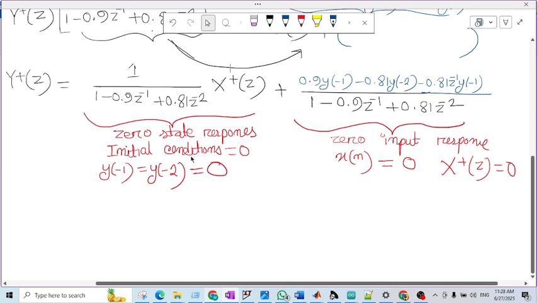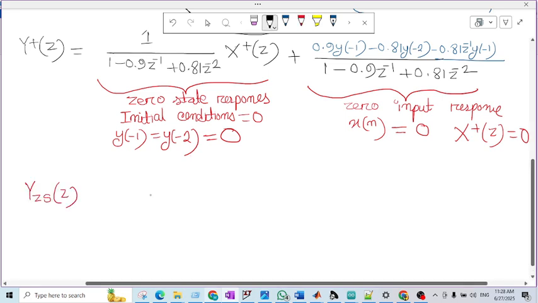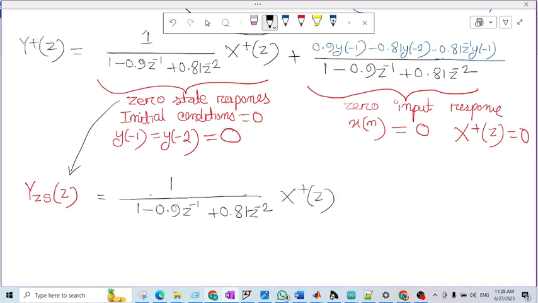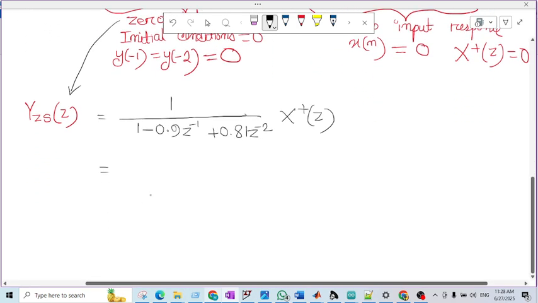So let's first work with the zero state response. So Y zs is the first term, which is 1 minus 0.9 z inverse 1 plus 0.81 z inverse 2 in the denominator, times X plus (z). Okay, now I need to convert this denominator.